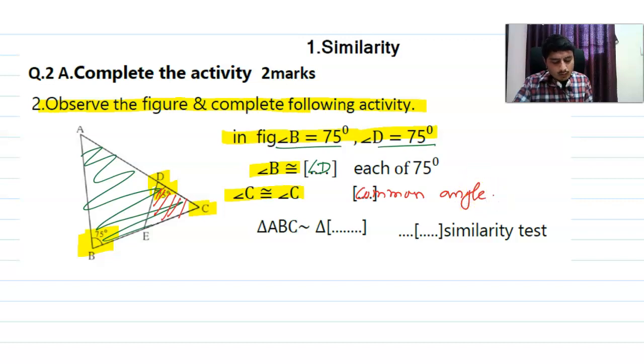Now once one pair of corresponding angles is congruent and the other pair of corresponding angles is congruent, we can say the given two triangles are congruent. Which two triangles do we have here? One is ABC, the other is triangle EDC. Those two triangles are similar by using the AA test of similarity.